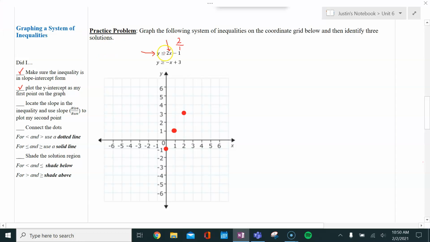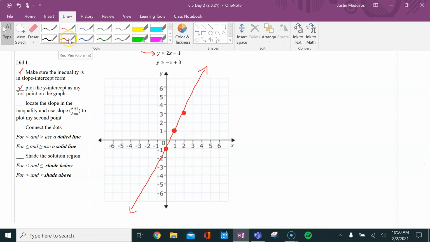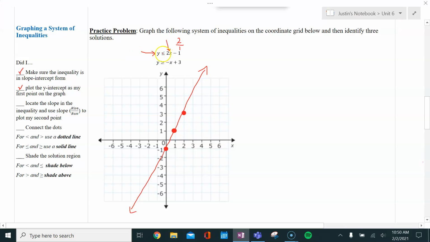Since we are less than or equal to, we draw a solid line, since it has the equal to symbol under it. And the last thing is the shading. Where are we going to shade? We're going to shade below, because the sign is less than, and less than says that we shade everywhere below that line, which is all of this stuff here.